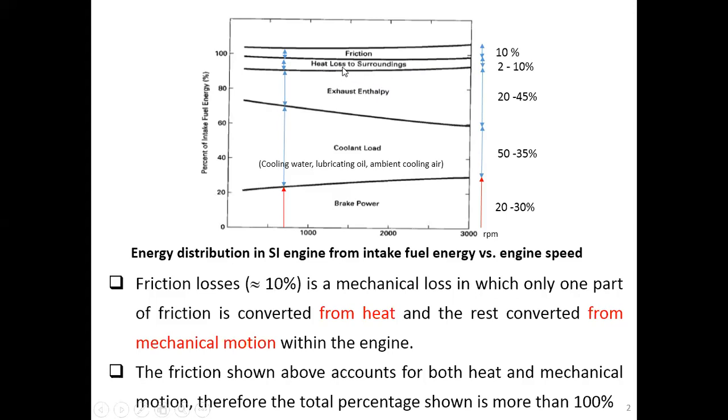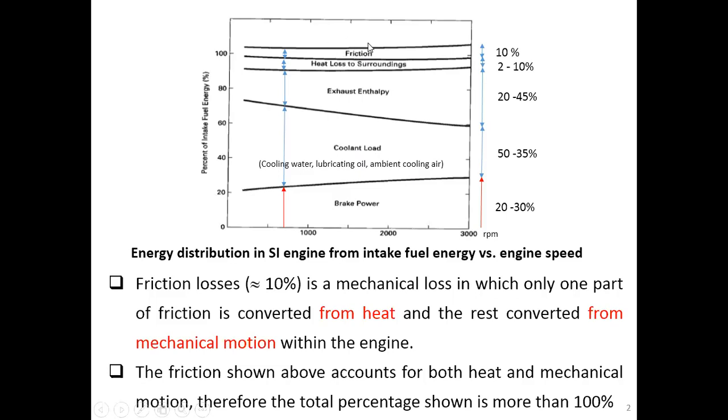It can go out by itself via convection heat transfer, without using any mass such as the coolants or the exhaust as a medium to transfer the heat. That is different from the coolant load here and the exhaust enthalpy here. And the last one is the friction loss.